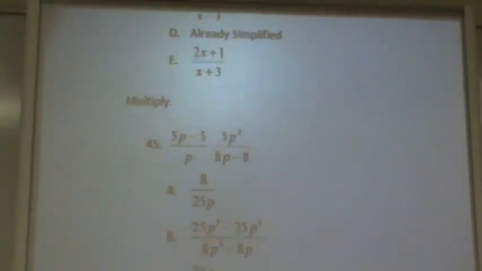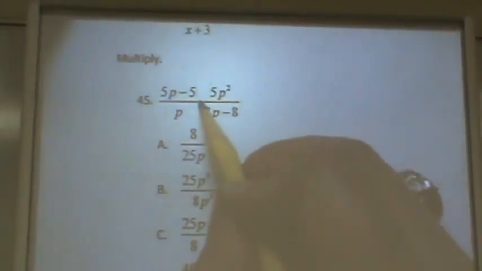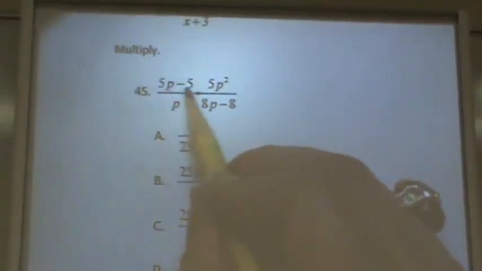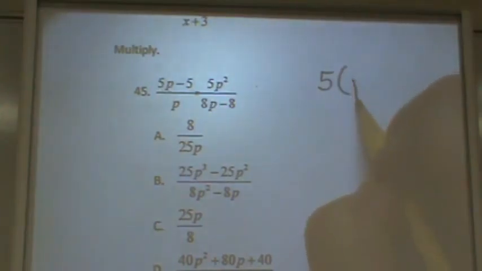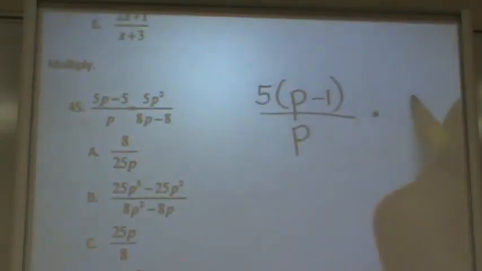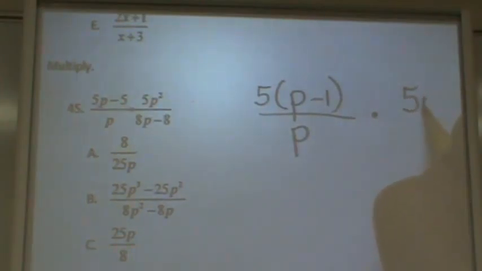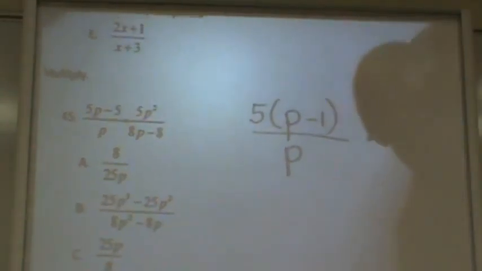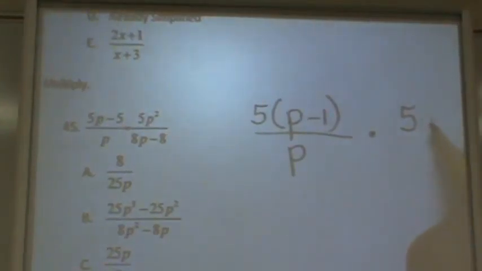Okay, for 45, we are multiplying. So what you're going to want to do is factor all of these terms. So for the first, the numerator, we have a 5 that can come out. And we can't do anything with this numerator here, so we're just going to write 5p squared.